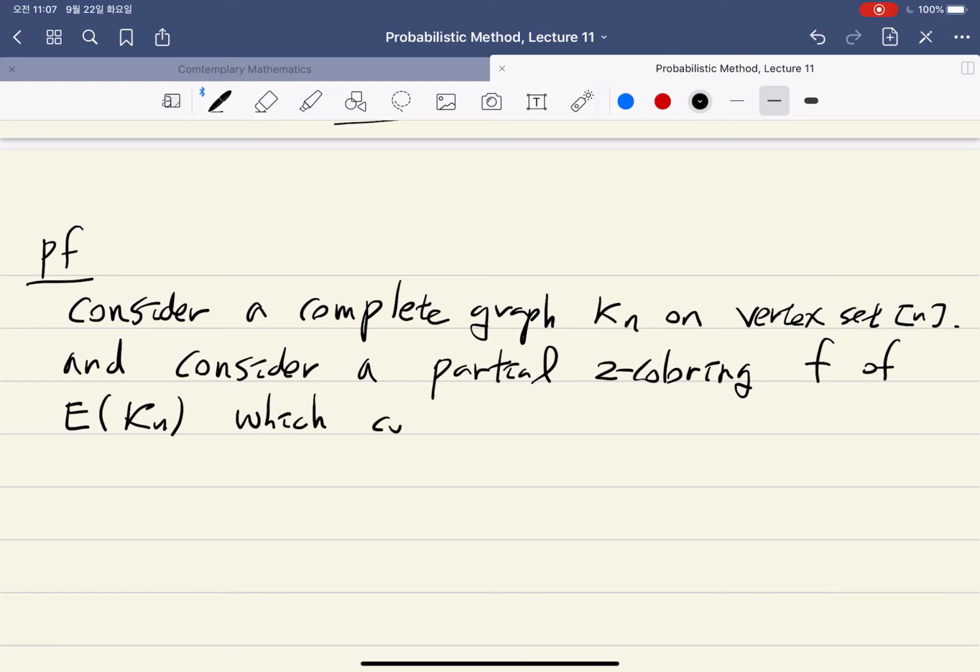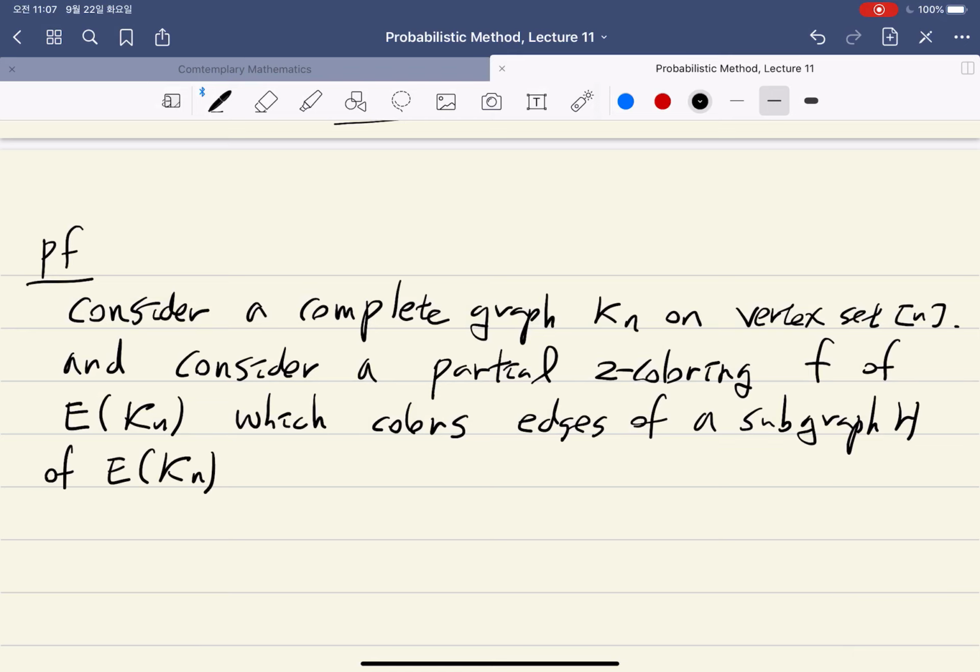Let's denote the colored edges as H. So the subgraph H is a collection which consists of the edges which are colored.